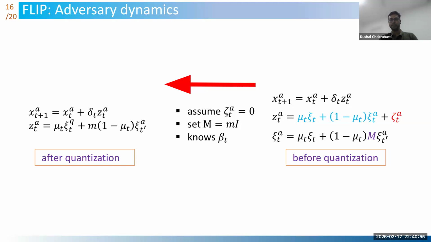Like I mentioned before, estimating this model mismatch psi t is very difficult. So for now, let's set the estimate of psi t by the adversary to be 0, which is this red colored part.